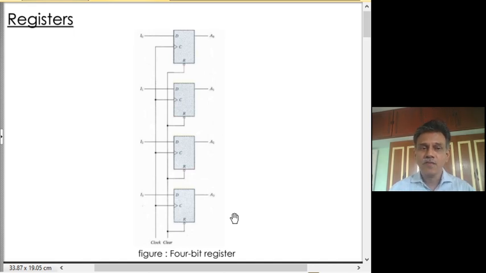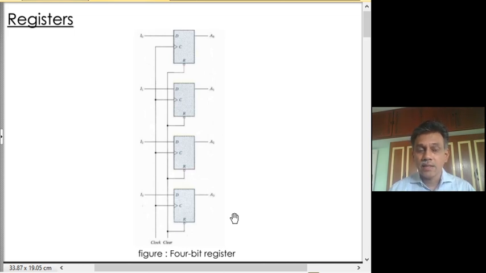Because if the clock transition occurs at different times in different flip-flops in a large circuitry, certain flip-flops would change their values in response to the clock transition prior to other flip-flops. It might so happen that those flip-flops which change quickly might produce some results which may in turn go to other flip-flops and affect them.